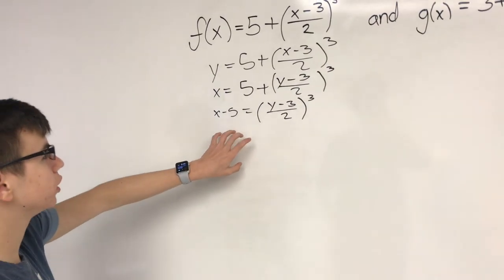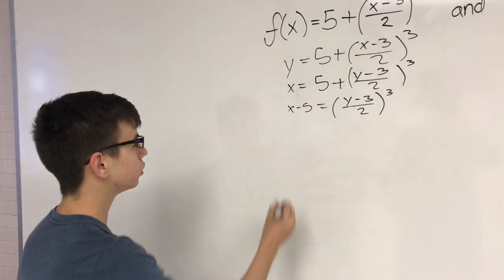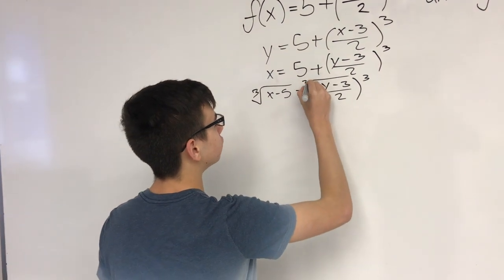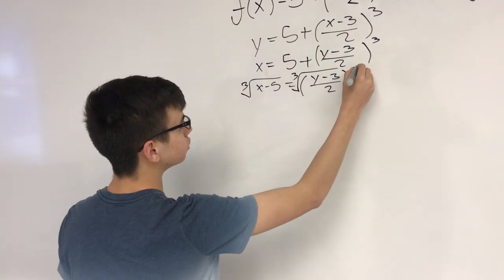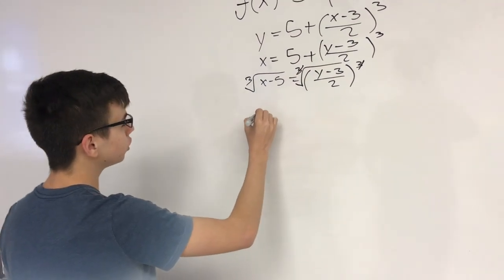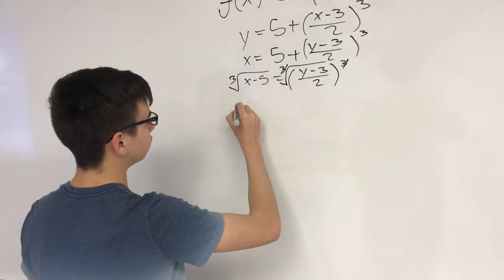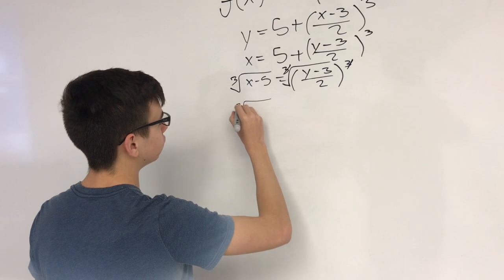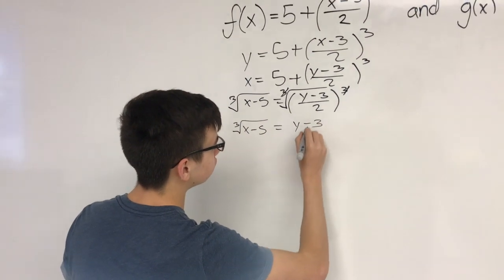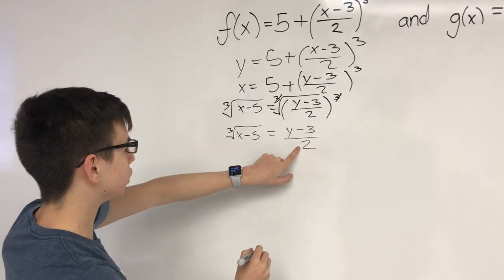Then you need to pass the third power as a cubic root. So this and this cancel, and you have the cubic root of x minus 5. After this, you need to pass the 2 as multiplying.